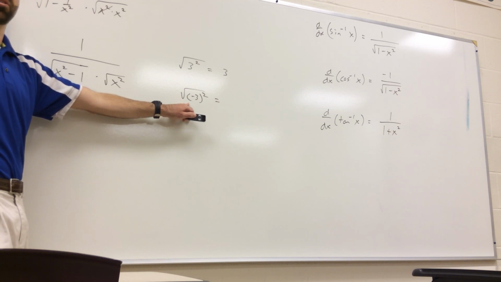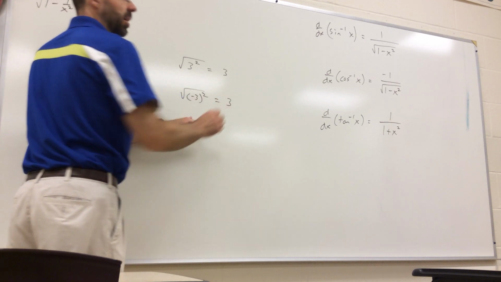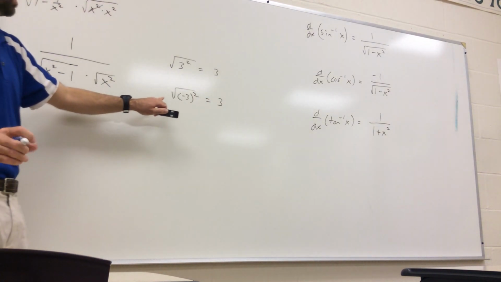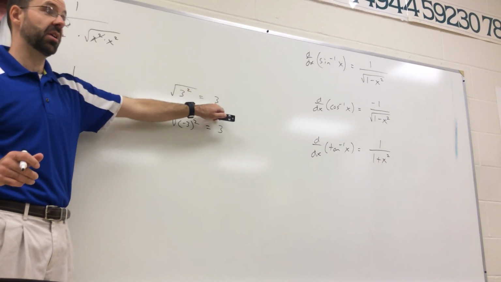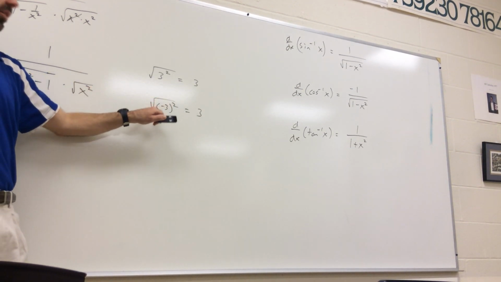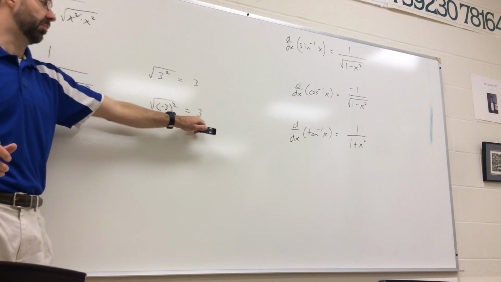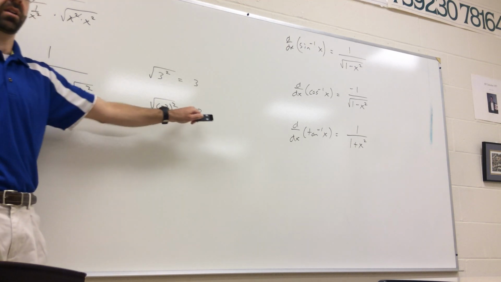Because negative 3 squared is positive 9, and then the square root of positive 9 is 3. Okay, so the point I'm trying to make is, if you start with a positive number and square and square root, you end up with the same number. But if you start with a negative number and square and square root, you end up with not the same number that you started with. We started with negative 3 and we ended up with positive 3.